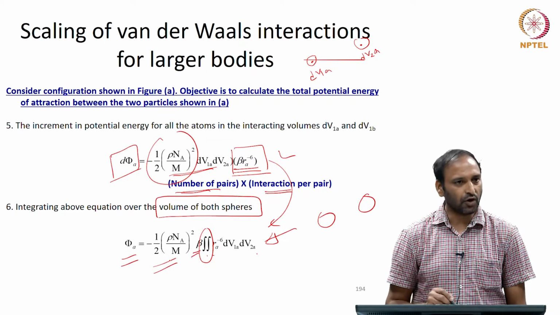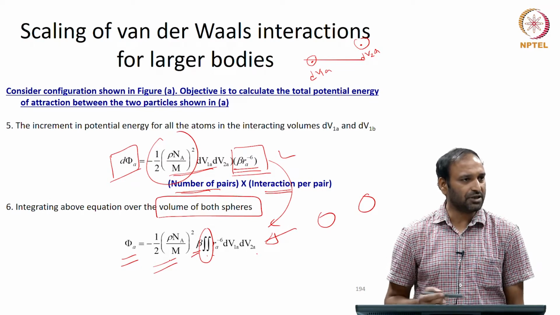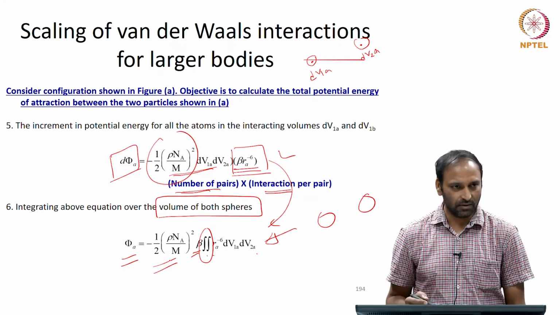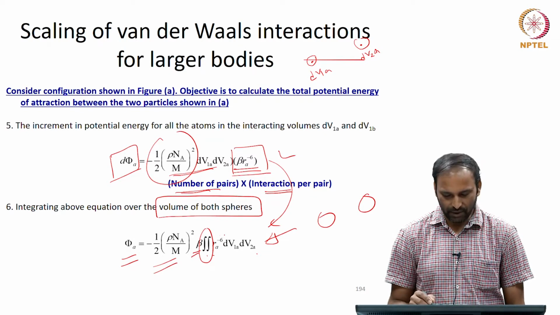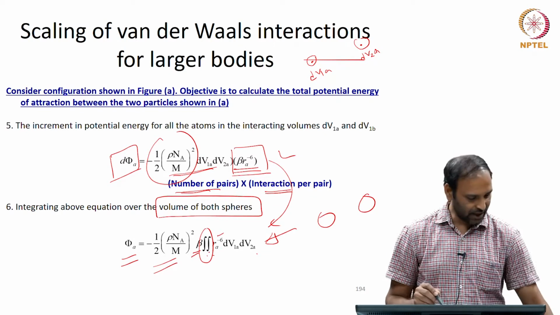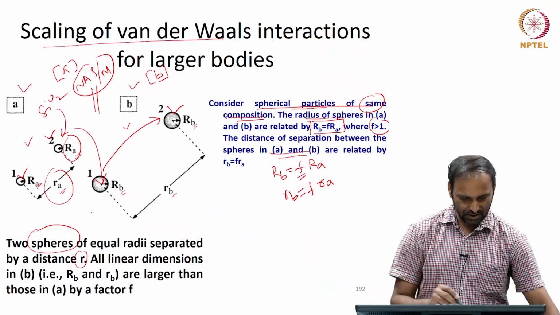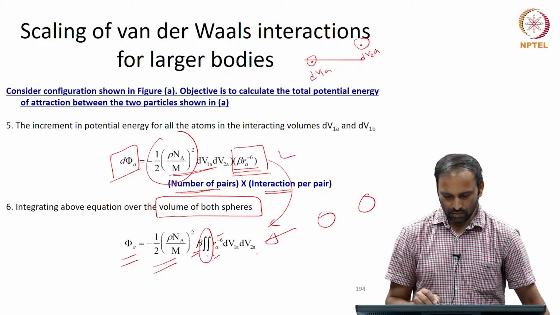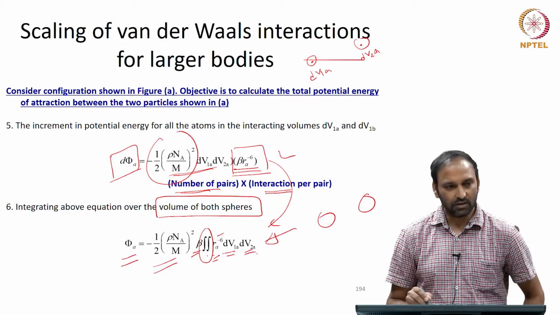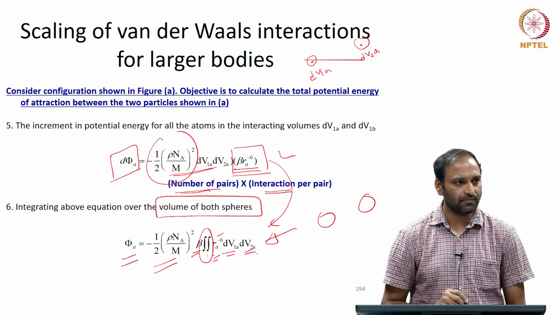Beta is also constant because once the material that you are considering is fixed, beta is fixed. Therefore, the double integral of R_A to the power minus 6, because R_A is the separation distance here, multiplied by the two differential volumes.